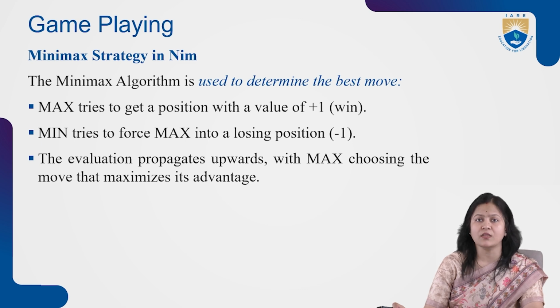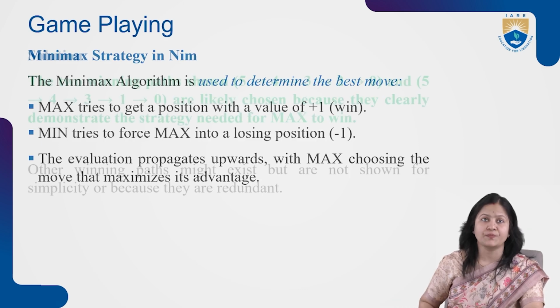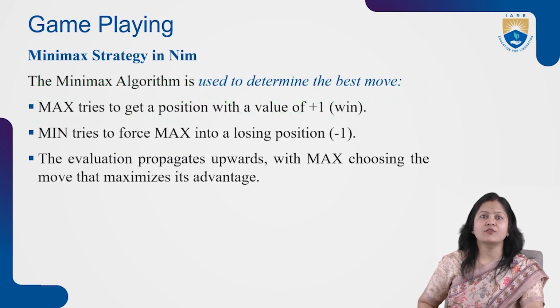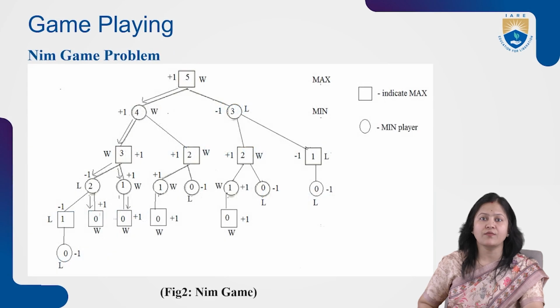The minimax algorithm is used to determine the best move. Max tries to get a position with value +1, which is a win, and Min tries to force Max into a losing position, that is -1. The evaluation propagates upwards, and Max chooses the move that maximizes its advantage. Let me go back to the problem so that we can understand.